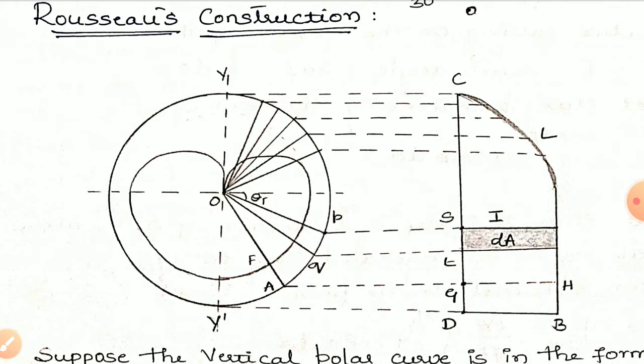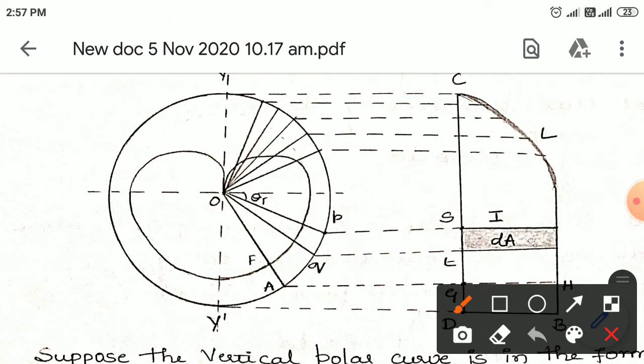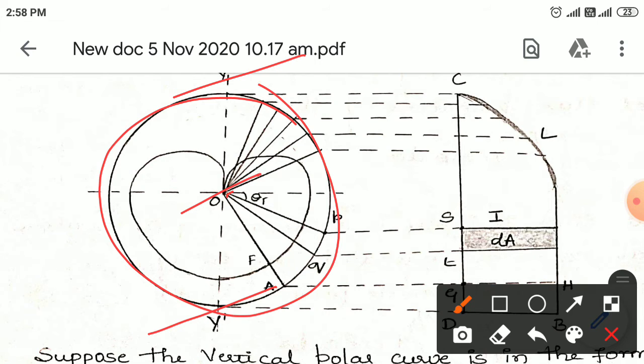You can see here you have two lobes of symmetry about Y O Y dash. Okay, so draw a circle with a convenient radius, with center O. By taking the center as O, draw the circle with a convenient radius.